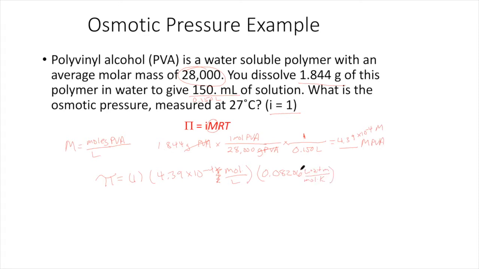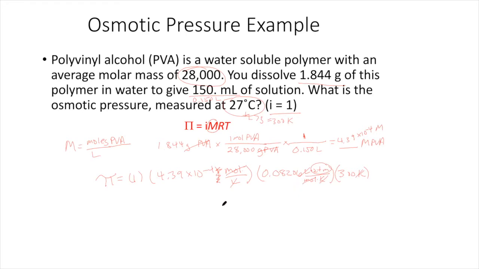I wrote that out so you can see how the units cancel: moles over moles cancel, liters over liters cancel. I'm also going to multiply by the temperature. The temperature is 27, so if I add 273 to that, that is 300, if I'm not mistaken. Sorry for the chicken scratch handwriting. So 300 Kelvin. Now my units of Kelvin cancel and you get an answer in the unit of atmospheres, which is what you're looking for.